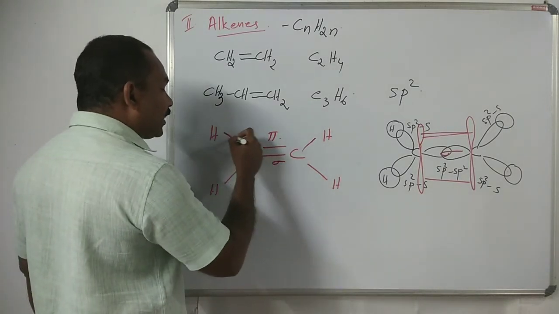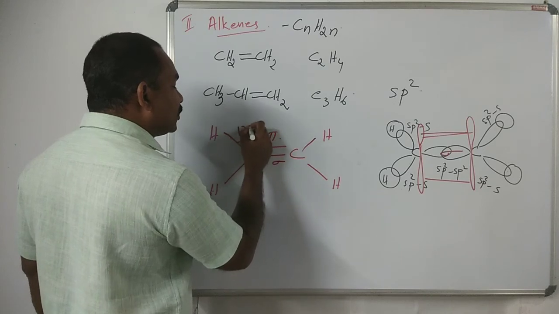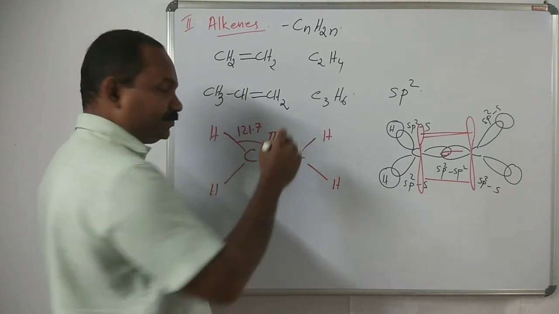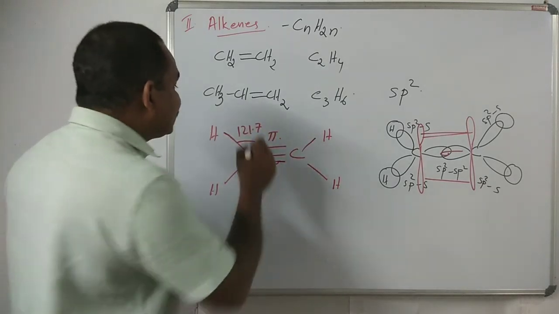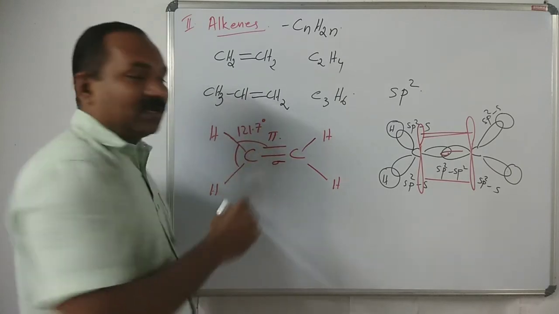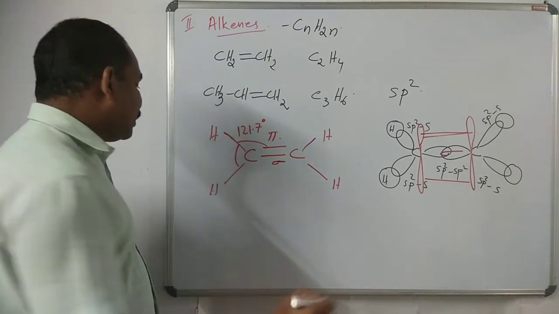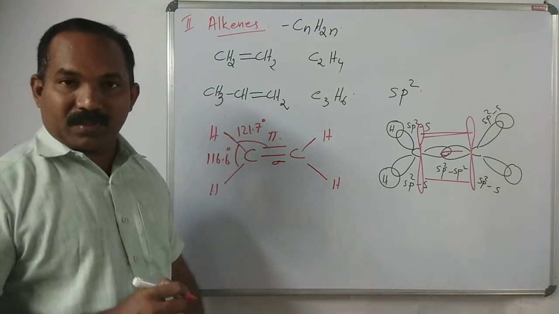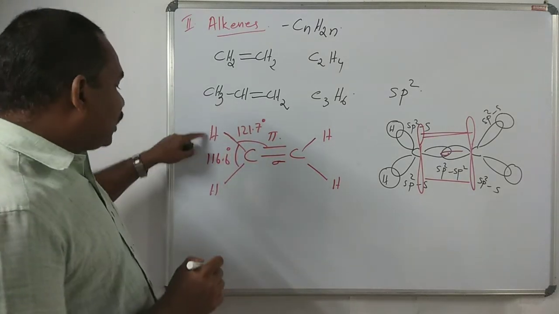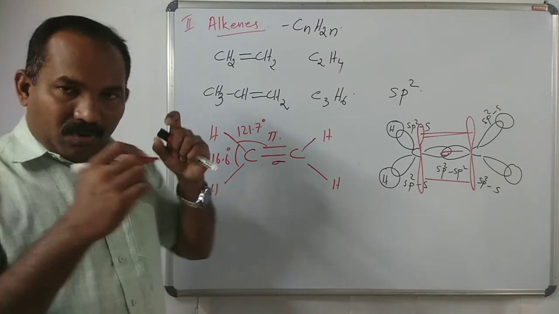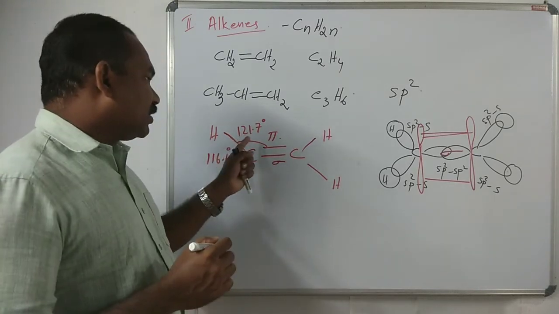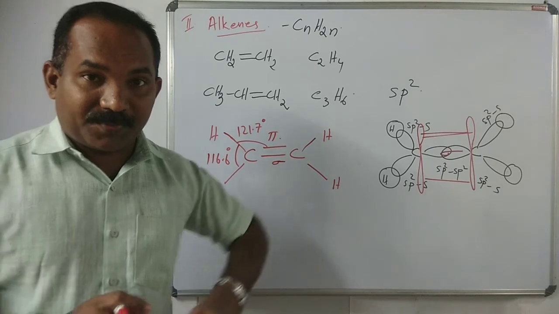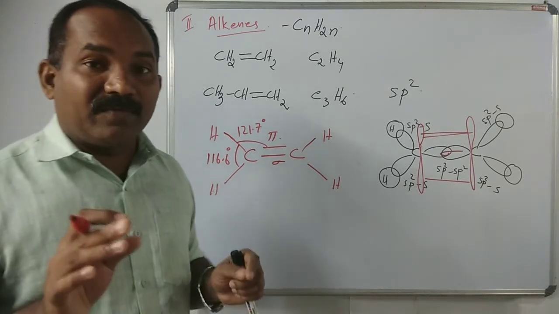And the bond angle here is 121.7 degrees, and this is 116.6 degrees, because the two hydrogen atoms are small atoms and the repulsion. Actually, we expected 120 degrees.